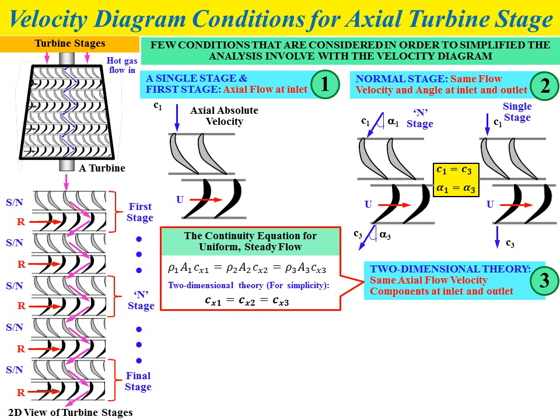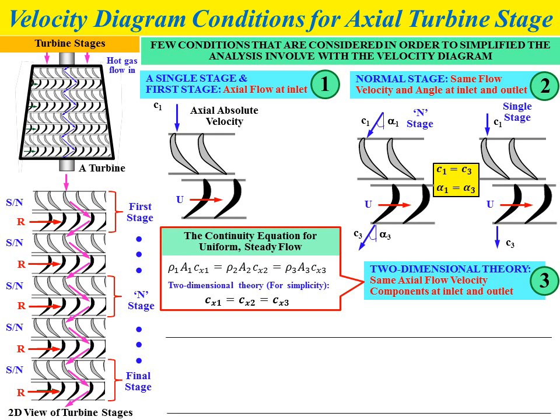For the two-dimensional theory condition, we assume all the values of the axial flow velocity component are the same. We use the same value at the inlet and at the outlet. For example, as shown in this diagram, the diagram shows the velocity diagram at different conditions.